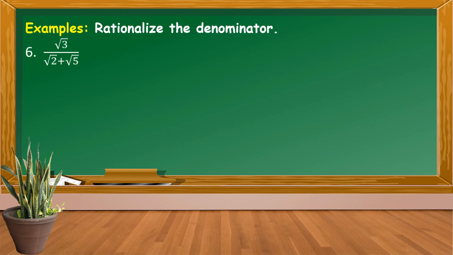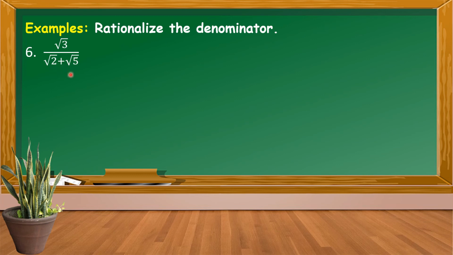Next, number 6 example, the square root of 3 divided by the square root of 2 plus square root of 5. The same thing to do is we are going to find its conjugate. Again, our denominator is a binomial and the symbol here is plus.